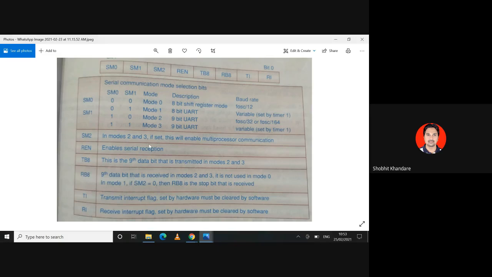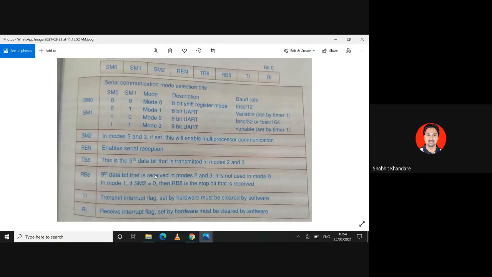In mod 1, if SM2 is equal to 0, then RB8 is the stop bit that is received. Now for the time being just understand this. तो जो भी मैं RB8 में रिसीव करूंगा, 9th bit, that will be the stop bit.